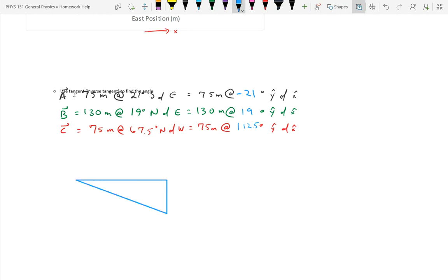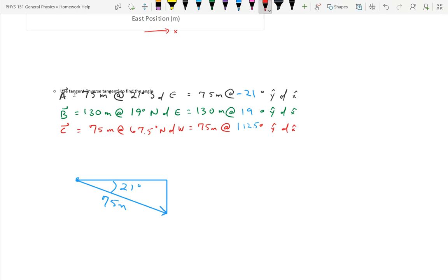Components are like that. Seeing that nice? My handwriting got a lot better. So I have this angle here is 21 degrees. This magnitude is 75 meters. And it started here and ended there.